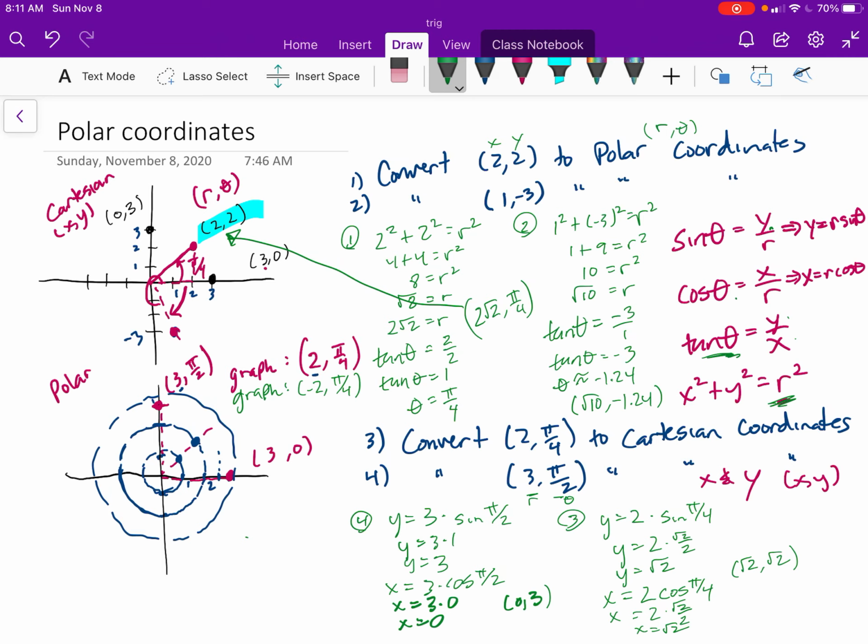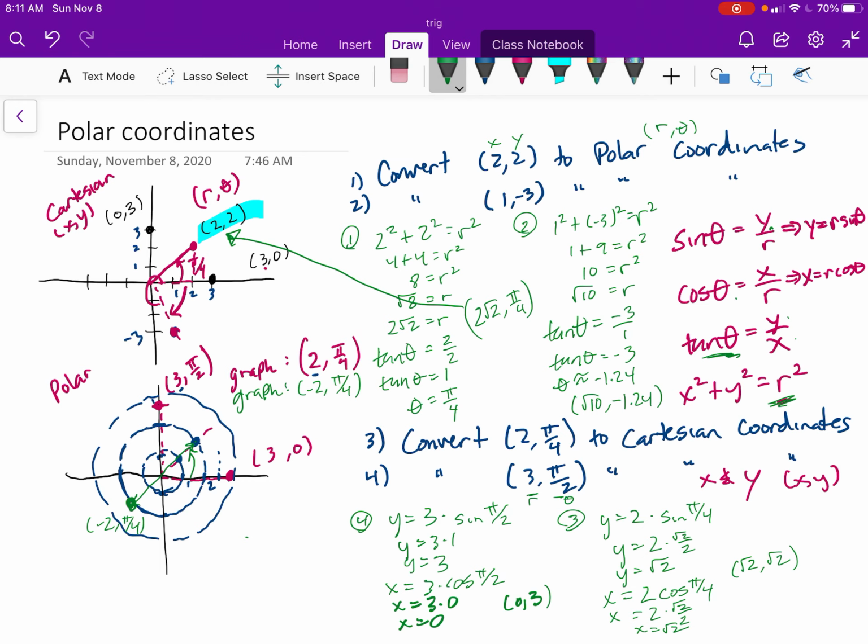So we still go in the pi over 4 angle, right? But instead of going outwards of 2 in this direction, we just go in the opposite direction. So this point here is negative 2, pi over 4.